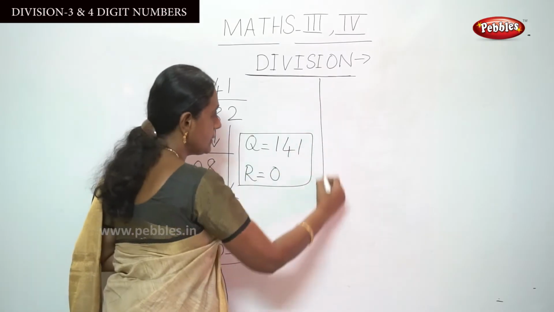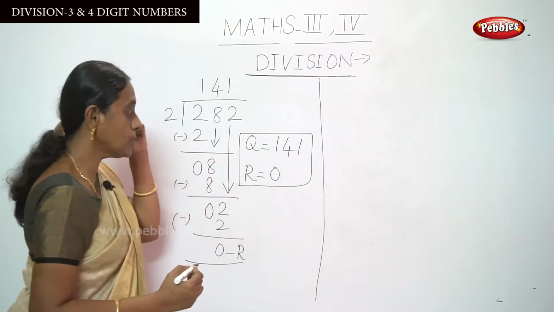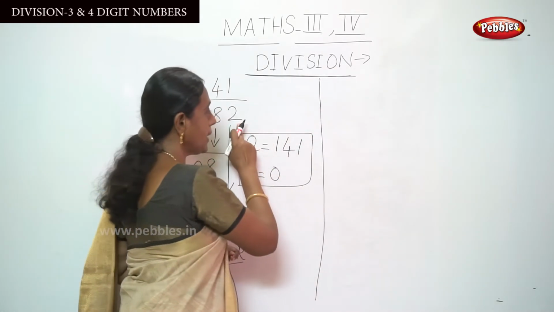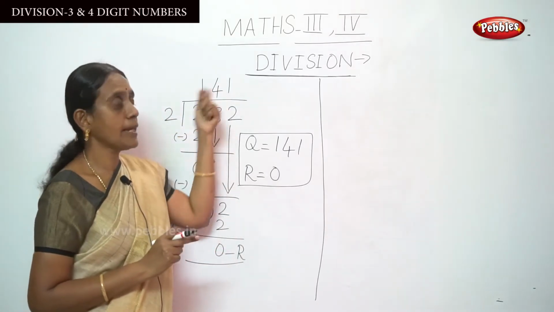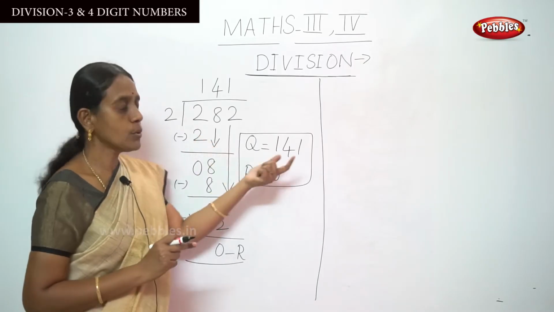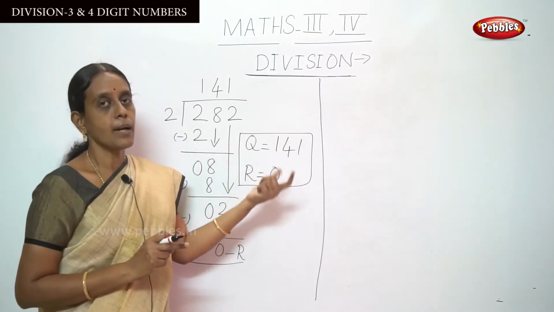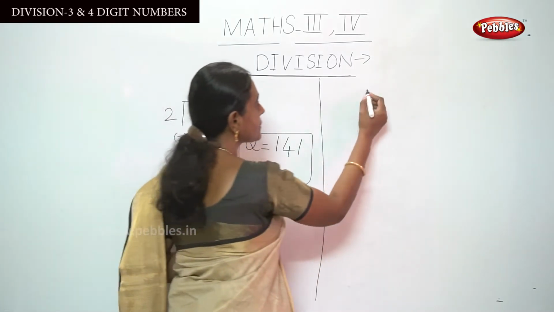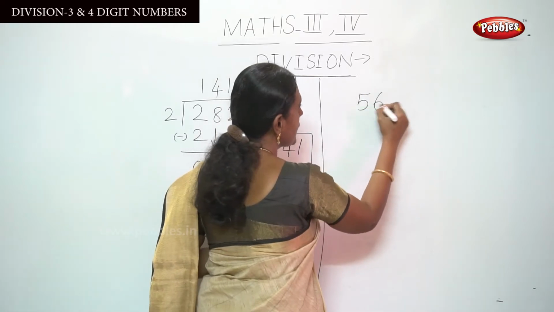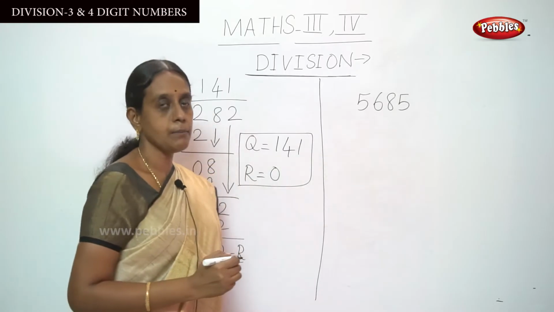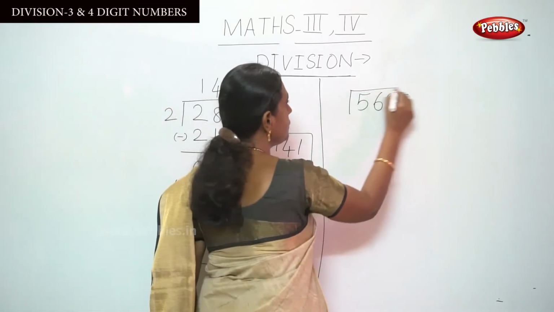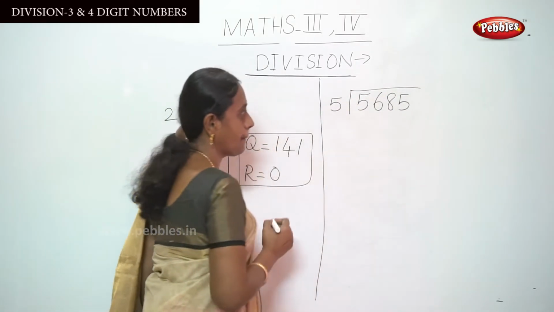Another sum we are going to do is a 4-digit number with a single digit number, for your grade level 3rd standard. I am going to move on to the next sum by the 5 table, that is 5685. I took a 4-digit number with the divisor 5.